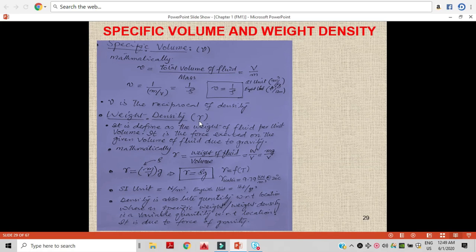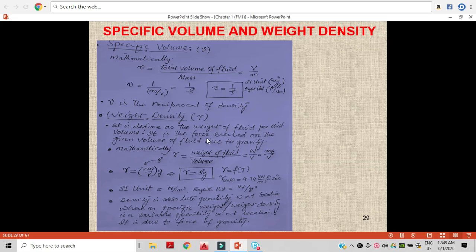Now the weight density is defined as the weight of fluid per unit volume. You need to divide the weight by the volume, so you can get the weight density. So what is the importance of the weight density?